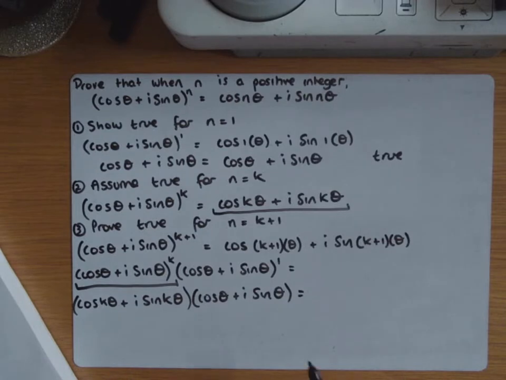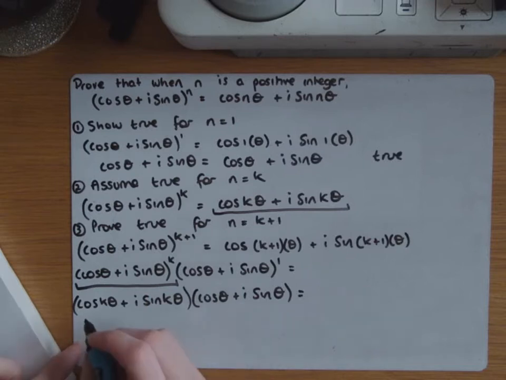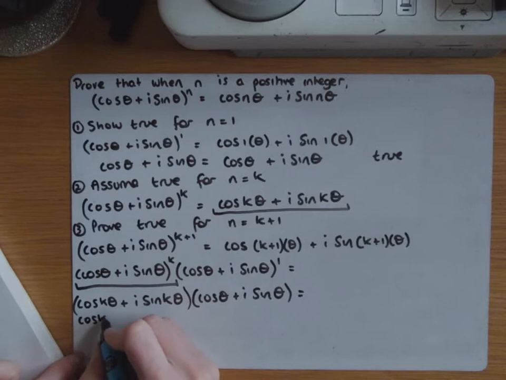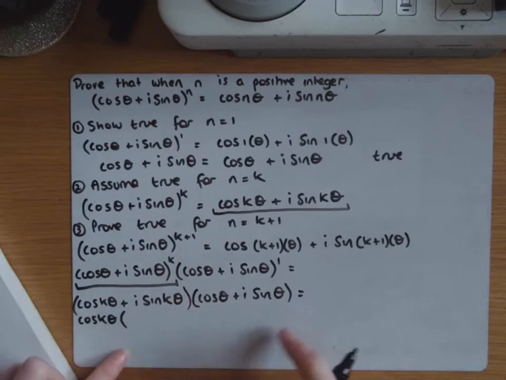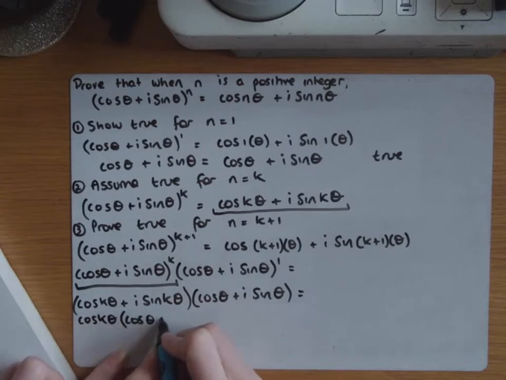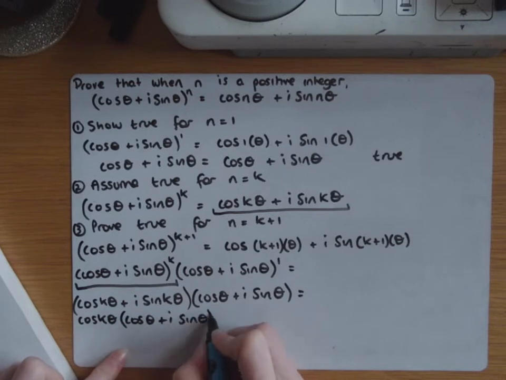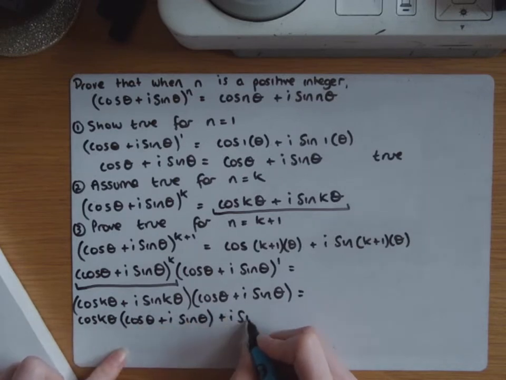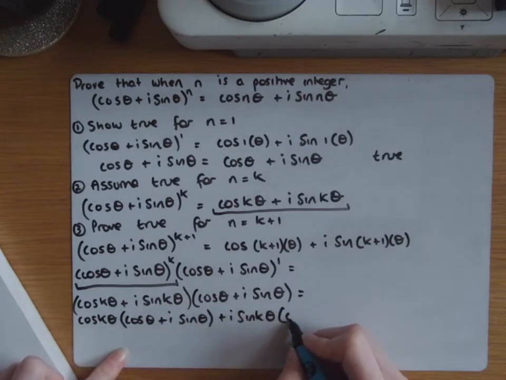From there now you're going to do first number, second bracket, second number, second bracket. Okay, so we write it all out, cos k theta, first number by the second bracket, and then second number by the second bracket.